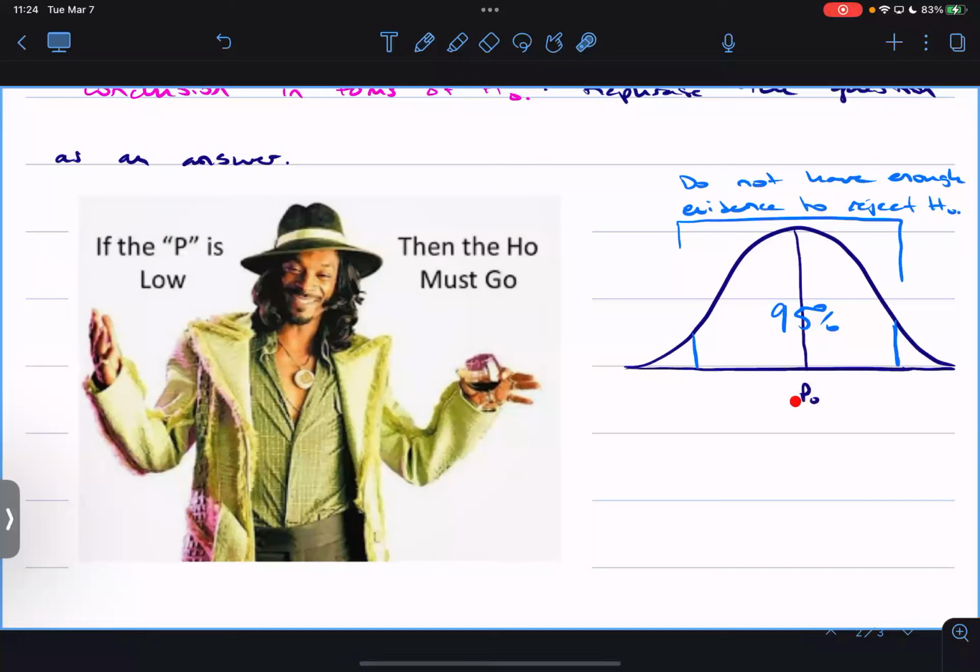It's hanging around, so as long as your p hat is somewhere in this range, then you don't have enough evidence to reject H0. P could be P0, could be something else. It's not necessarily P0, but it's not significantly different from P0.